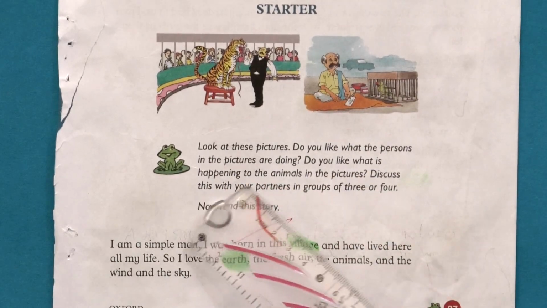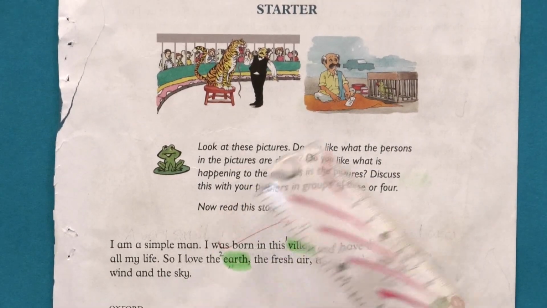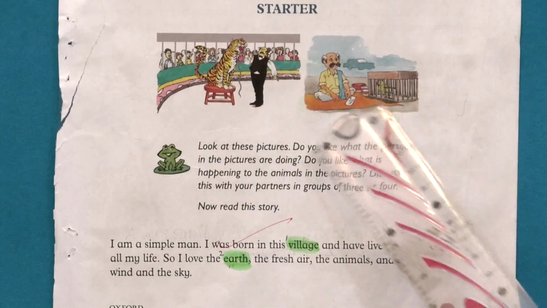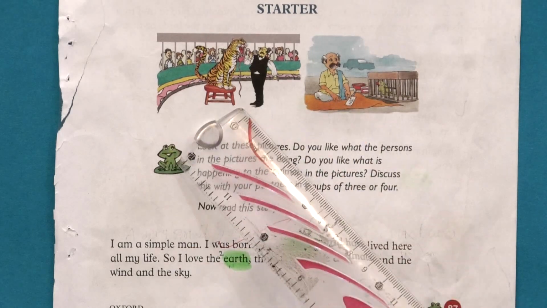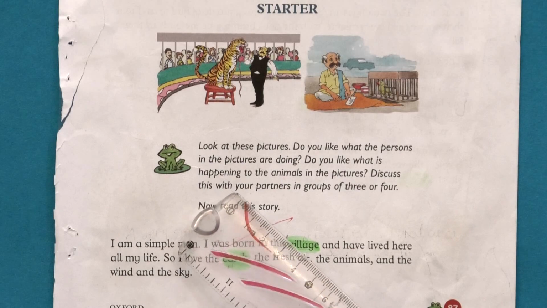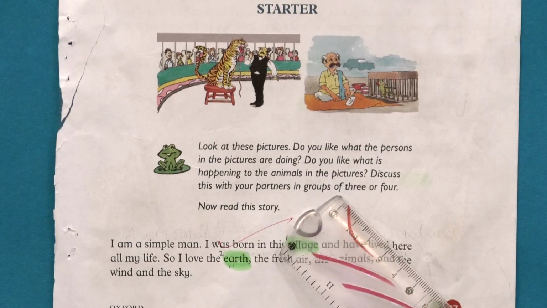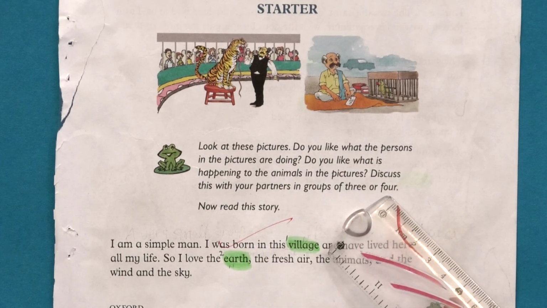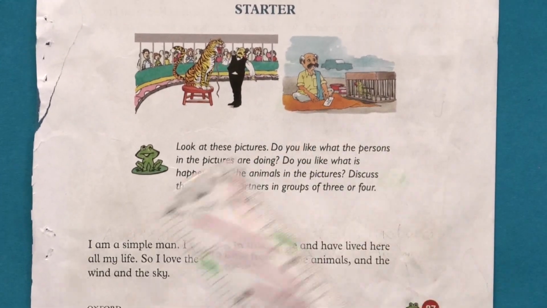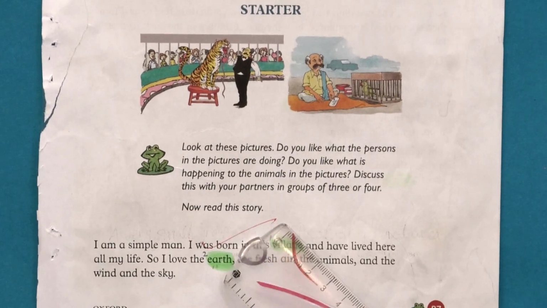Do you like what is happening in the picture with the animals? No. Both are living their unwilling life. They are away from their natural habitat. Discuss this with your partner in groups of 3 or 4. You can do this activity in class or with your mother too. Now read this story.